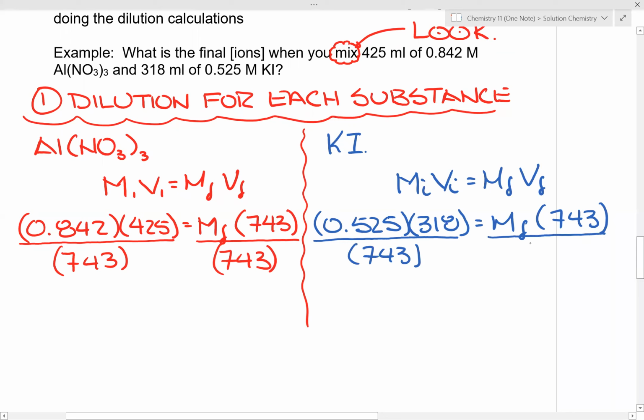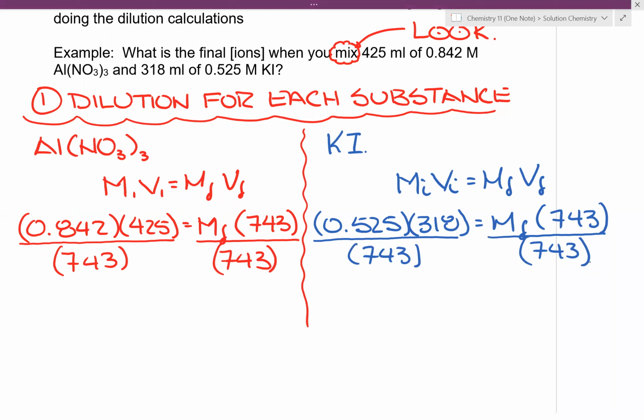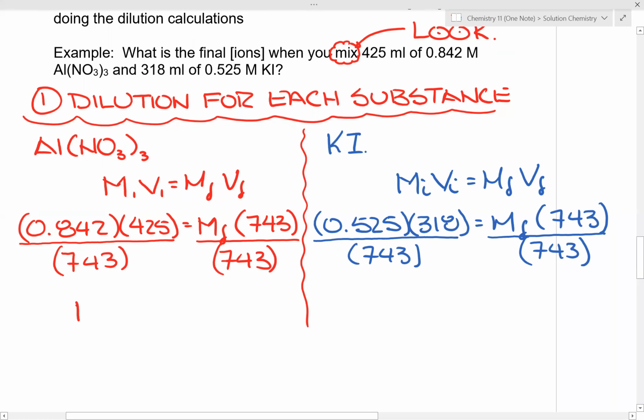And what you get here for aluminum nitrate, your final molarity would be, let's see, 0.842 times 425 divided by 743.